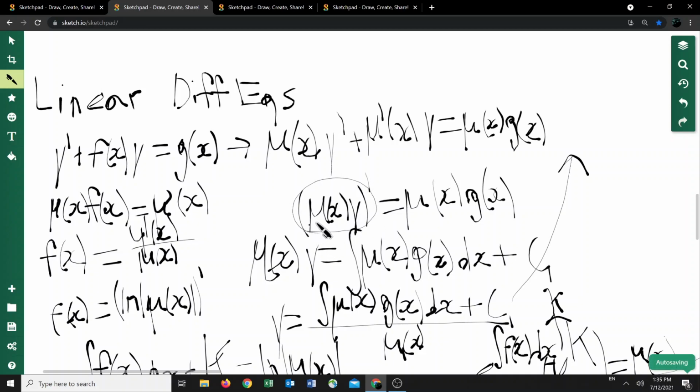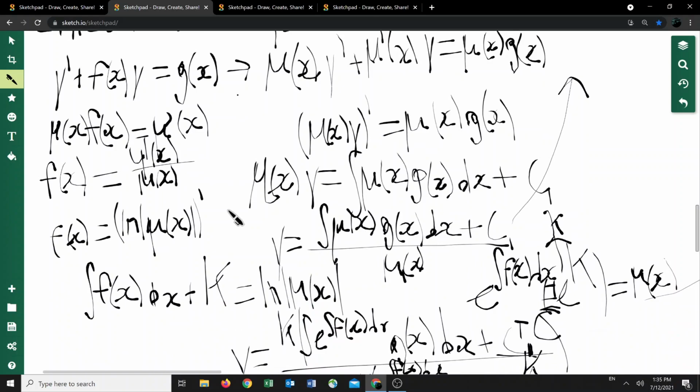So technically, you can just skip to this step. But I prefer going through the step of multiplication, since sometimes you might forget to have this mu of x times g of x on the right-hand side, which you'll end up with if you multiply both sides by mu of x. Then you integrate both sides, and finally you solve for y, and you have your constant here.